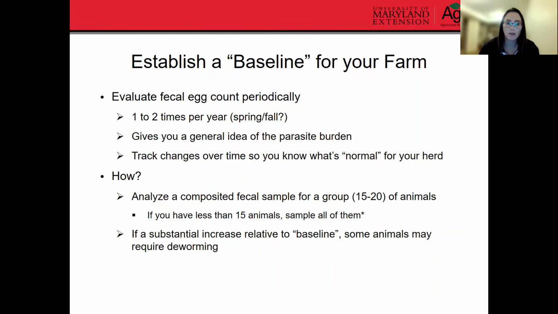I'll talk about variation in a little bit, but that's the target minimum number of animals that we like to see in a composite sample. That way, if there's a substantial increase relative to your baseline, some of the animals might require deworming. That can be helpful in making your decision whether to deworm or not.